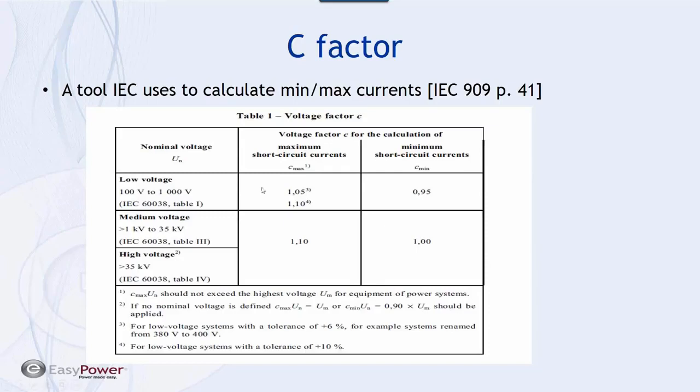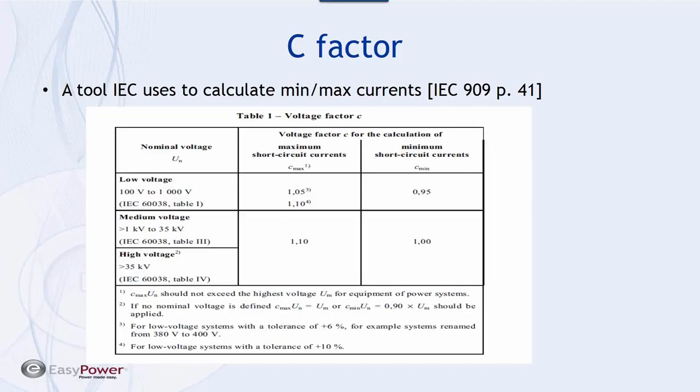IEC, for different voltage levels, as you see, this is a copy from IEC 909, which recommends this C factor. C factor basically is a factor which is going to be multiplied by the nominal voltage. So when you increase this value, you would expect that the short circuit current goes up.